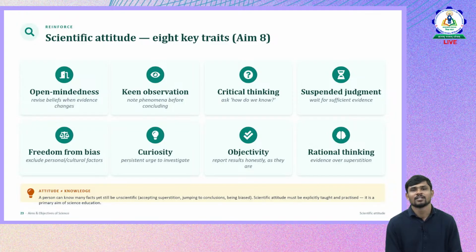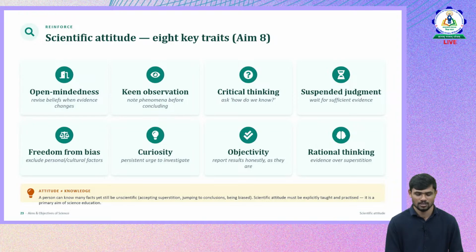Then scientific attitude. There are 8 traits, 8 characteristics of scientific attitude: open-mindedness, keen observation, critical thinking, suspended judgment, freedom from bias, curiosity, objectivity, rational thinking.